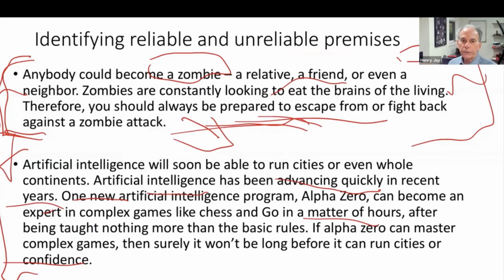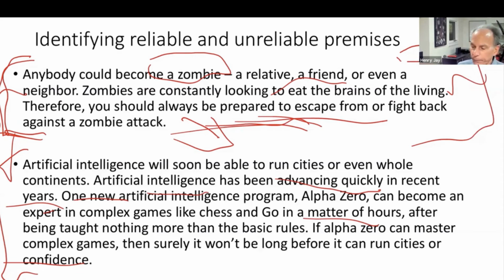I've never heard of this artificial intelligence AlphaZero, that it could be taught nothing more than basic rules and become an expert in complex games. The reliability of that is, well, I may want to Google AlphaZero, find out more about it, right?